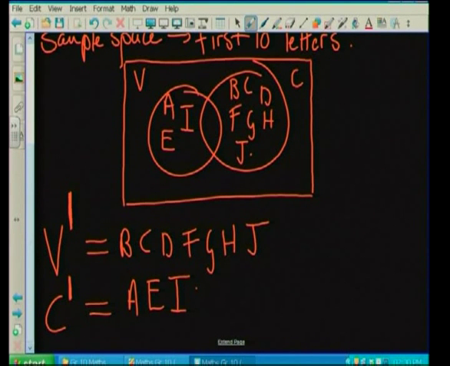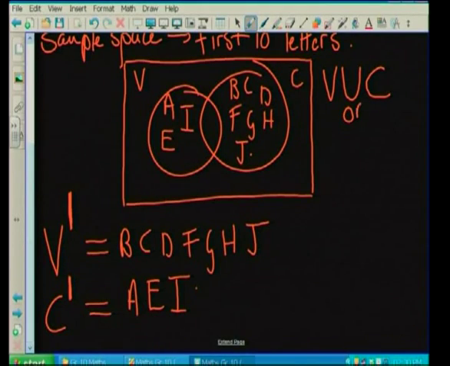Right. Let's then have a look at some other terminology. If I say to you vowel, and I make a symbol that looks like a U, but without the little tail, vowel union consonant, then I am talking about anything in my Venn diagram that is either a vowel or a consonant. So this union means or.